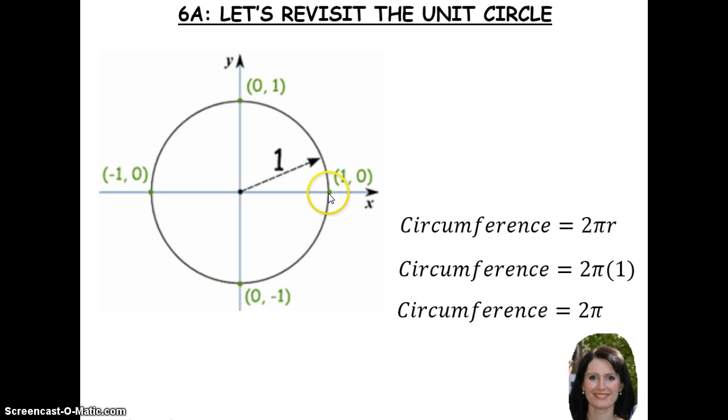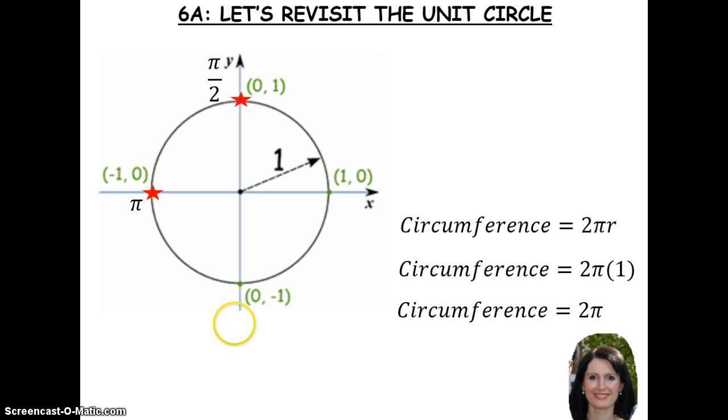So the distance from that point (1, 0) all the way around, that's 2 pi. If the whole distance is 2 pi, and we go just to the top where it's (0, 1), this is pi on 2, because half the circle must be pi, because 2 pi divided by 2 is pi.